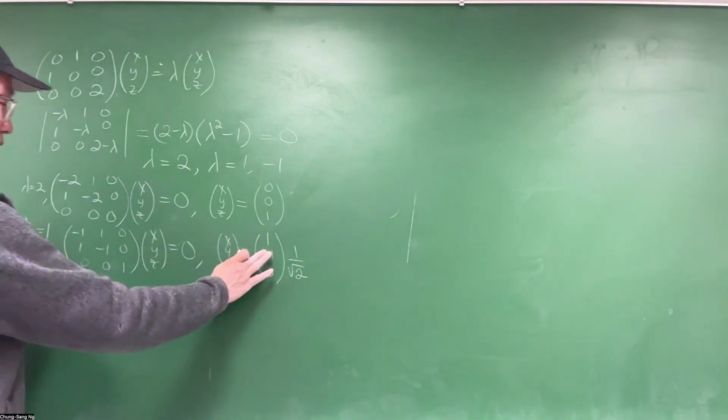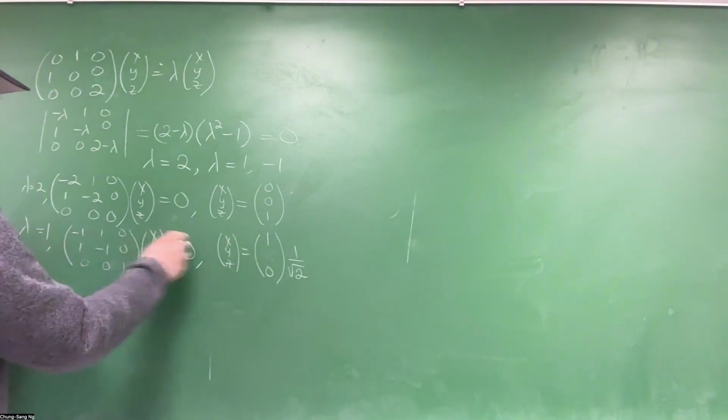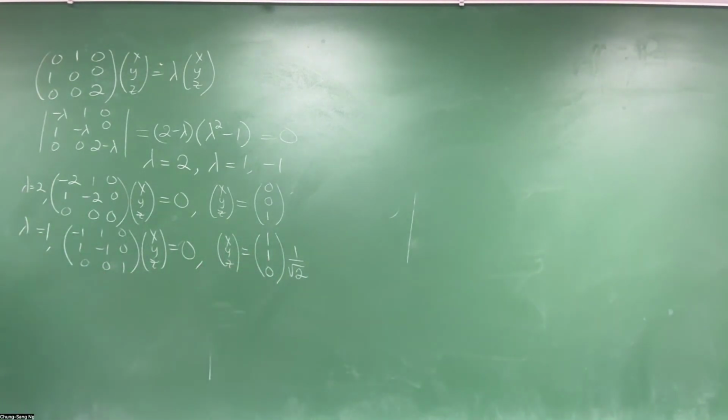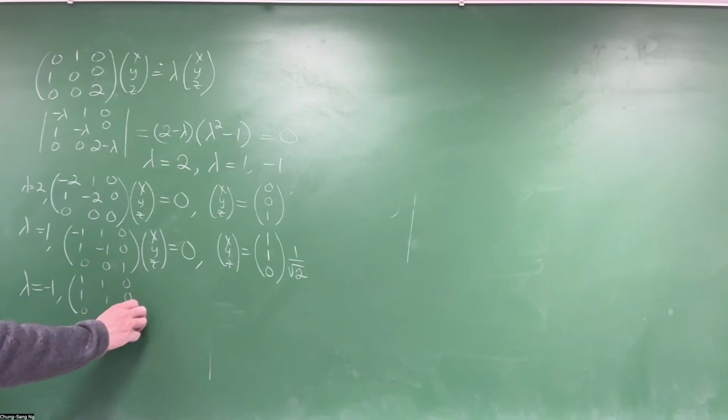Well, x equals y, x is 1, 1. x equals y, not x or minus 1, 1. All right, so now it's minus 1. So 1, 1, 0, 1, 1, 0, 0, 0, 3. Right.